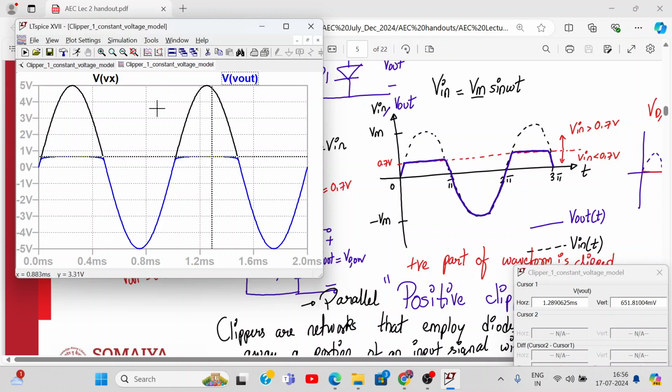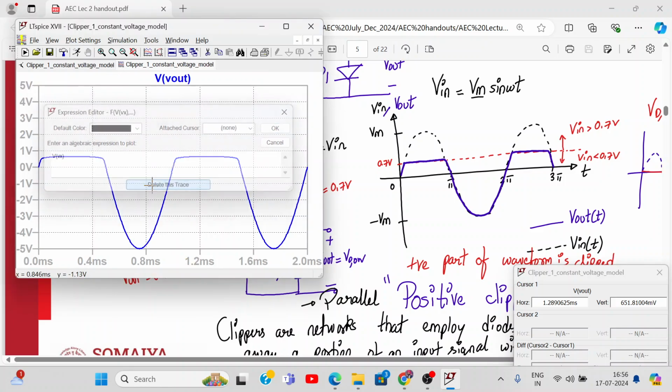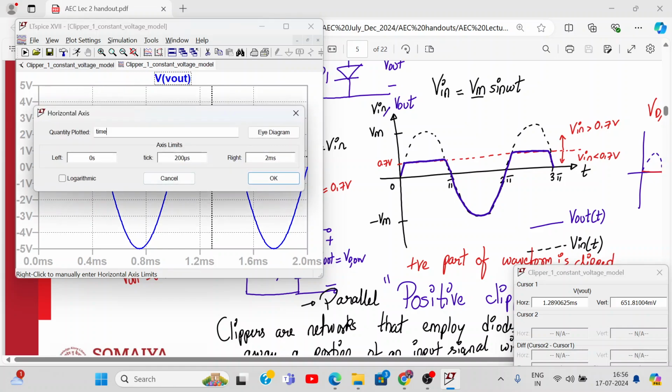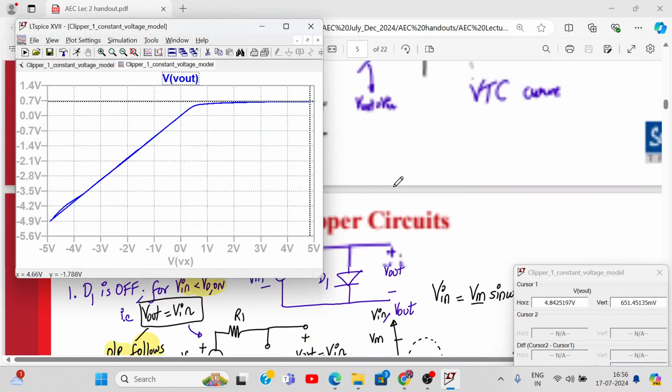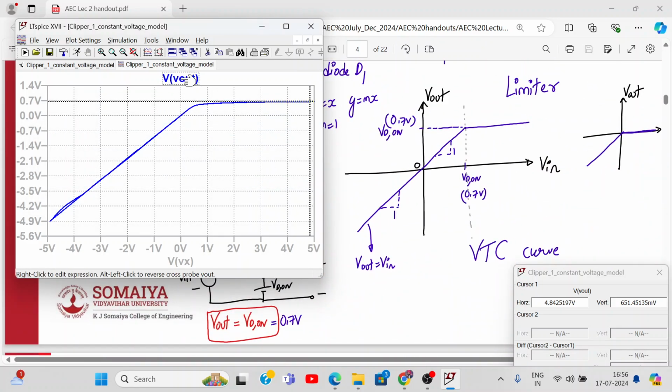Now if I want to plot V in versus V out, what I will do is I'll delete this, and here I'll plot V of Vx. See this graph, what it resembles, this only, no? Correct? Is it exactly the same, right?